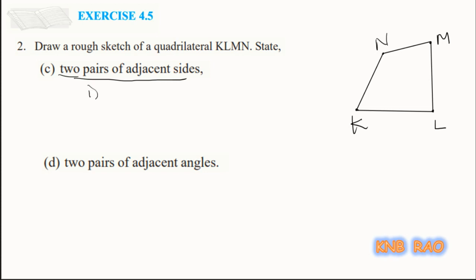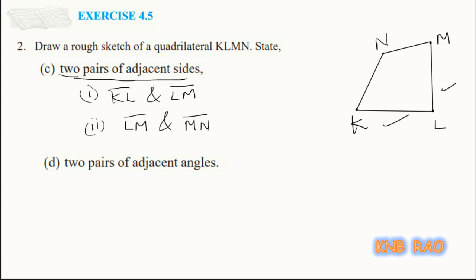You can write KL and LM, and LM and MN. If you want, you can write the other two pairs of adjacent sides also, that is MN and NK, and NK and KL.